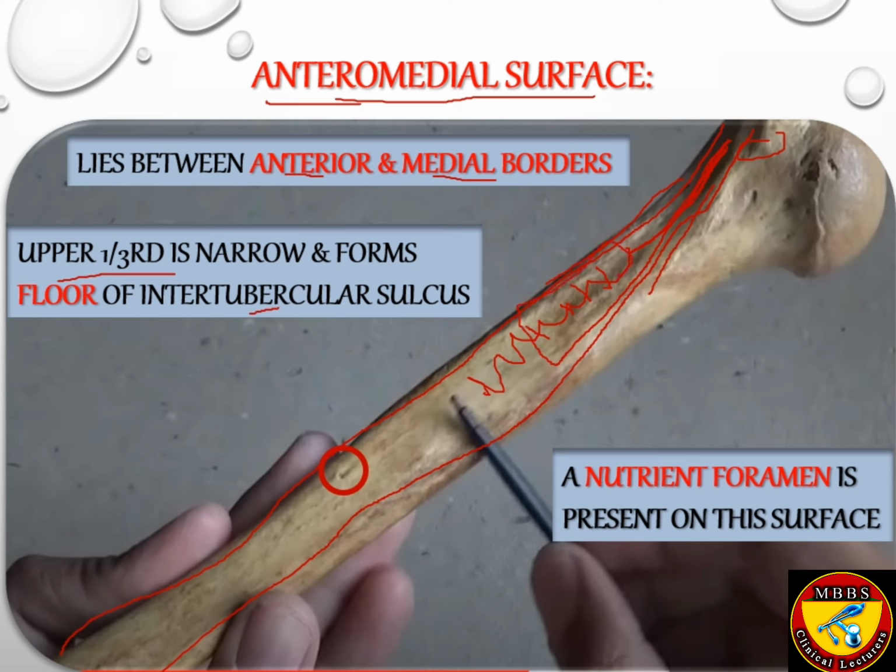Now the nutrient foramen is present on this surface. As you can see, highlighted in a red circle, this is the nutrient foramen, which is directed downward. That means the growing end of the humerus is the upper end. The nutrient foramen is always directed opposite to the growing end of the bone.